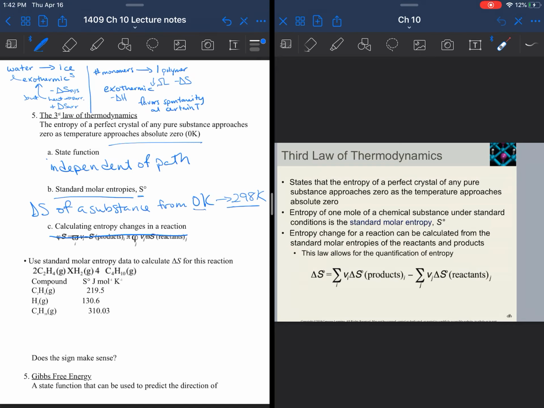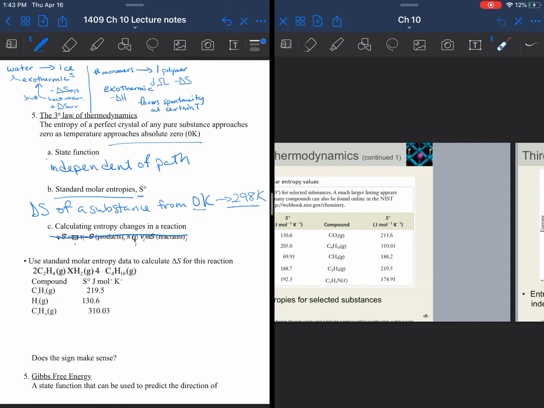Delta S of a system of interest is going to be the sum of delta S of the products minus the sum of the delta S of the reactants, right? Because it's a state function, we can look at the change in entropy of the reactants to the products, right? So it's like we're taking them all the way back to 0 and then bringing them back up to standard temperatures. It's a very simple equation, especially since you see it multiple times.